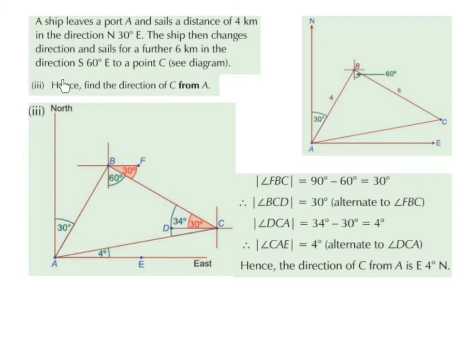Part 3, hence, find the direction of C from A. Hence means using what you have already found. Now we have to be very, very careful with the phrasing of this question. The direction of C from A. So from A means we have to go to point A, which is here.